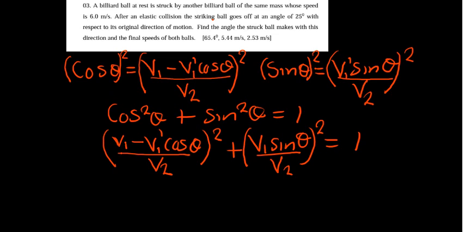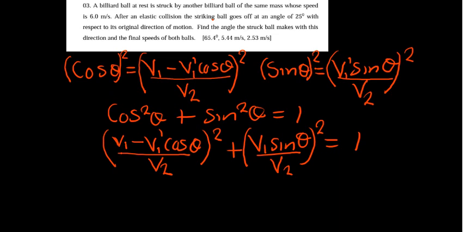How are we going to find that third equation? We need to go back to our question again and check to see if the collision was elastic. The question says after an elastic collision, meaning kinetic energy was conserved.